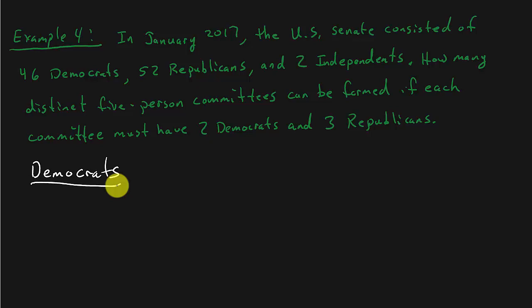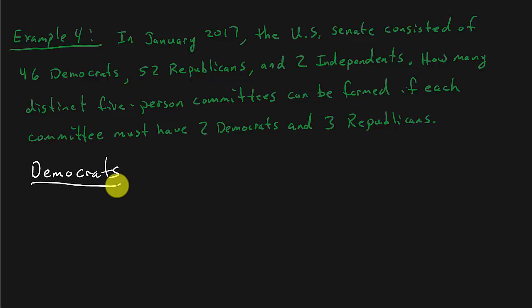Doesn't matter if I pick person A first and person B second, or person B first and person A second. That makes no difference, because I'm just picking the 2 and saying, okay, you're on the committee. They're not going to have any kind of title like president or secretary or anything like that.